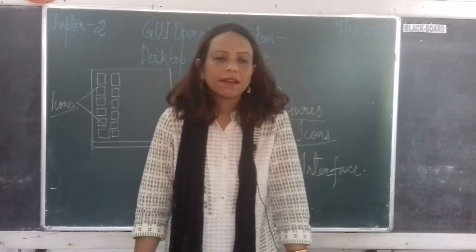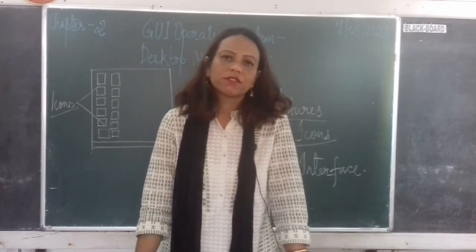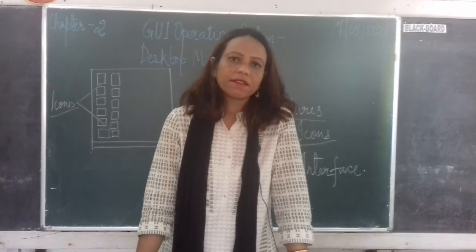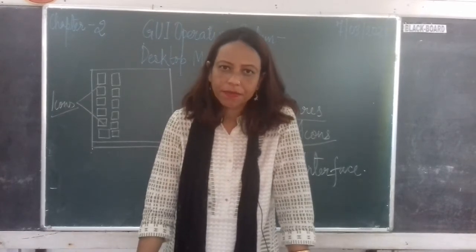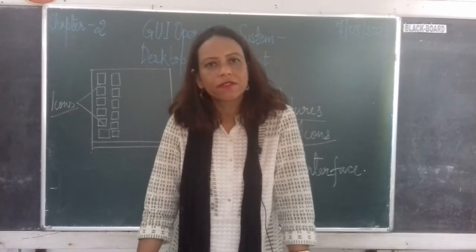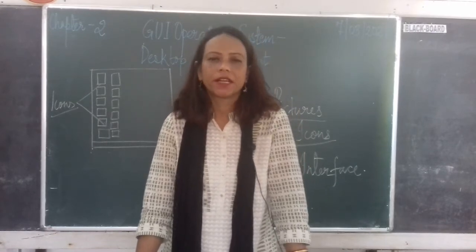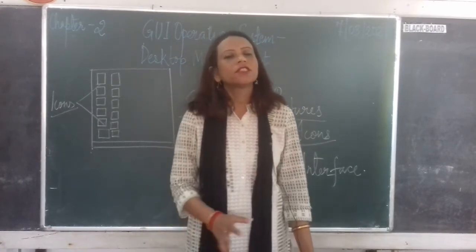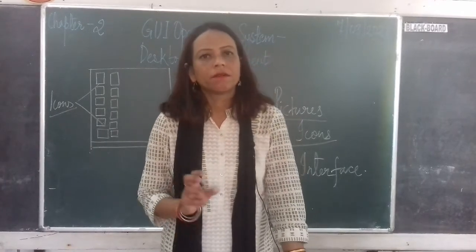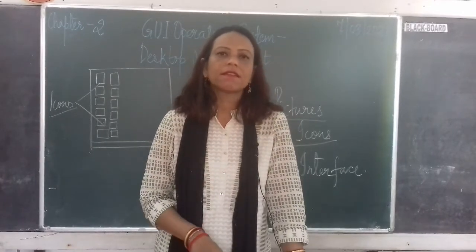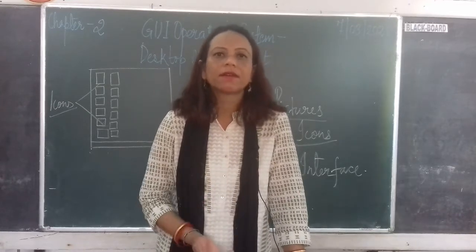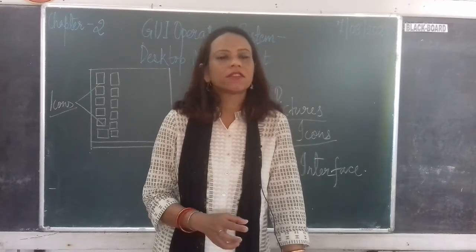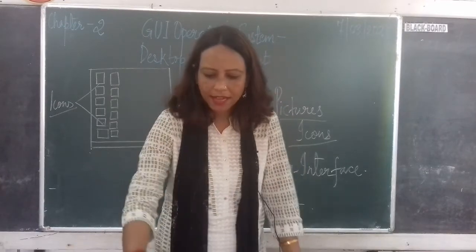Children, in today's world we don't use this CUI operating system because it is less user friendly. It is a little difficult, because in this system you have to learn the commands. You cannot see anything on the screen. The screen will be a blank one.